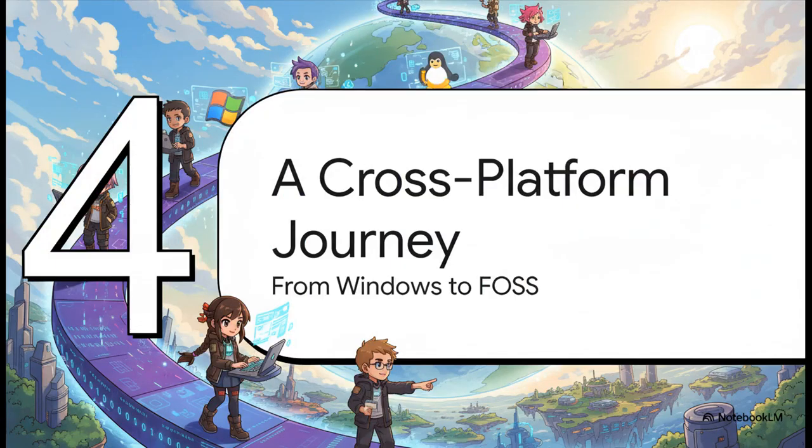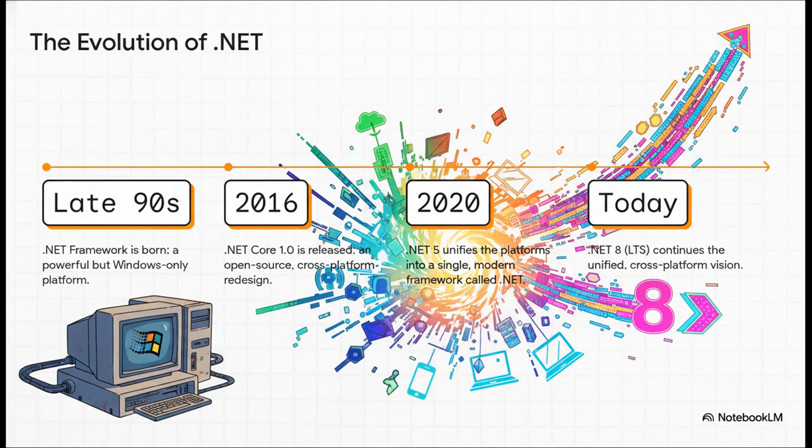Now, this idea of a managed environment was a total game changer. But the .NET we know today, this open-source, run-everywhere powerhouse, is actually a pretty recent thing. Its journey from a closed-off, Windows-only tool to what it is now has been nothing short of transformative. The original .NET framework from back in the day was a Windows-only club.